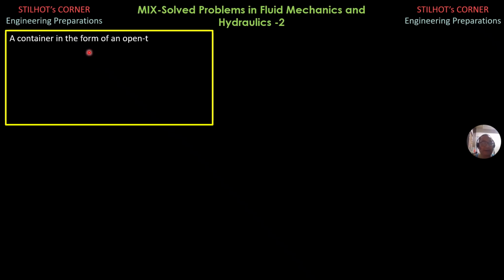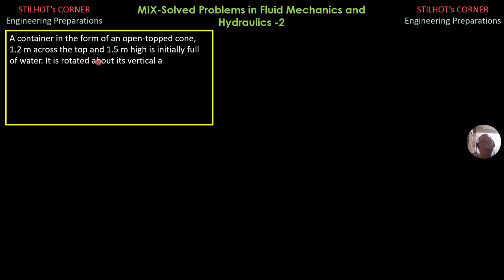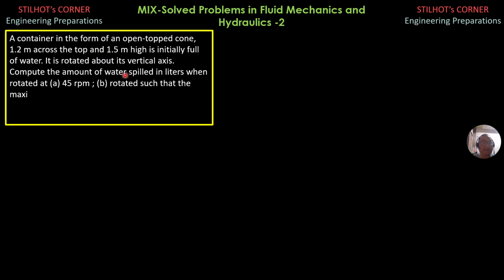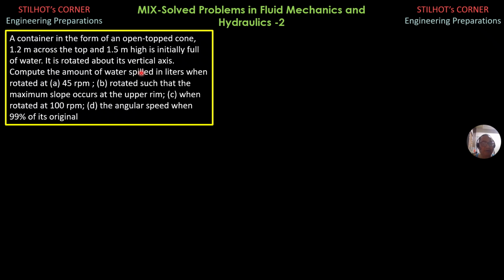So here is the problem. A container in the form of an open top cone, 1.2 meters across the top and 1.5 meters high, is initially full of water. It is rotated about its vertical axis. Compute the amount of water spilled in liters when rotated at A, 45 revolutions per minute; B, rotated such that the maximum slope occurs at the upper rim; C, when rotated at 100 rpm; and D, the angular speed when 99% of its original content is spilled.